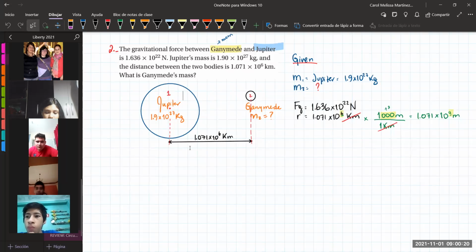I just add the 3 zeros to the power, and I have my answer already in scientific notation. Pretty simple. That way you don't need to use a calculator at all times. But if you want to use a calculator, go on, use it. Take your time. If you're not confident enough, just do it.